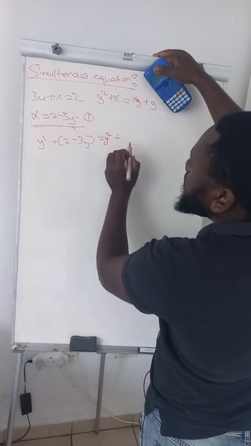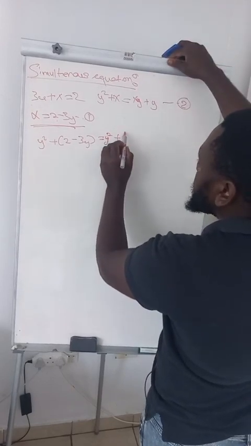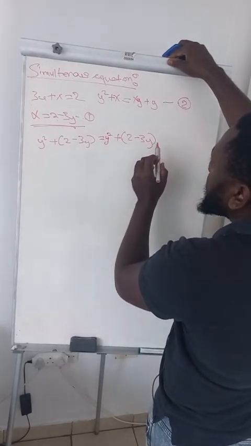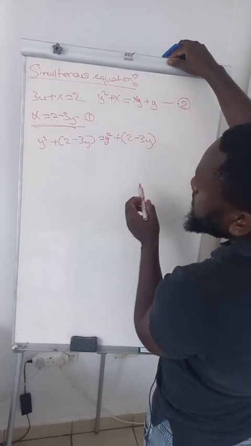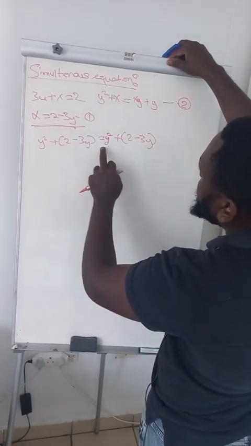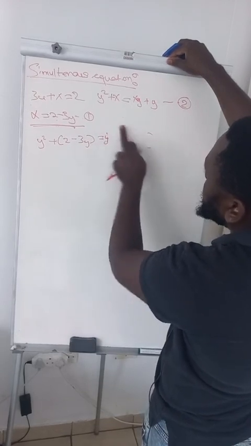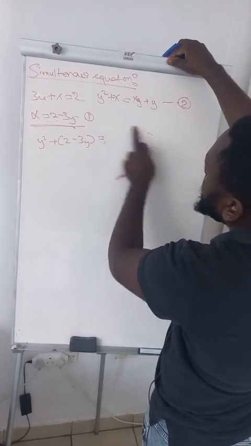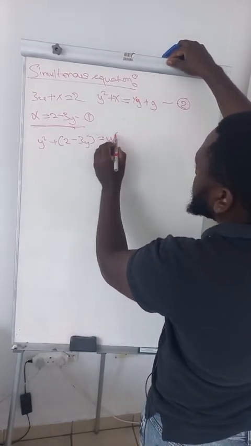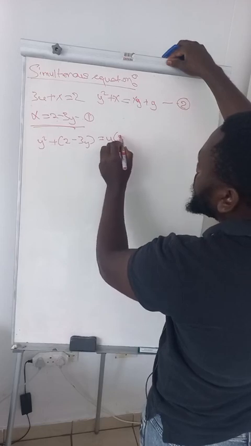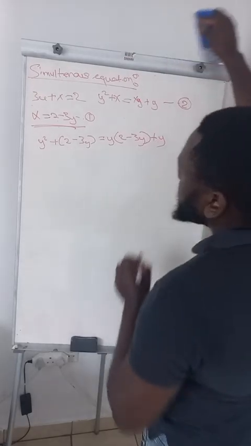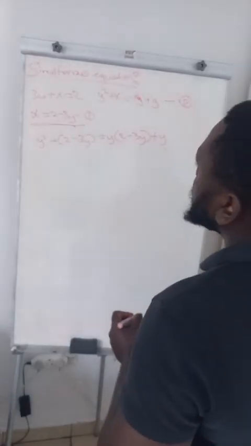plus what? This is 2 minus 3, what? 3y. And then okay, this is y squared plus x is equal to, oh, no. This is y indeed, and then 2 minus 3, what? 3y, then plus a y. So now where am I getting it wrong?